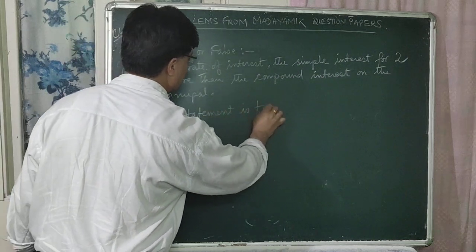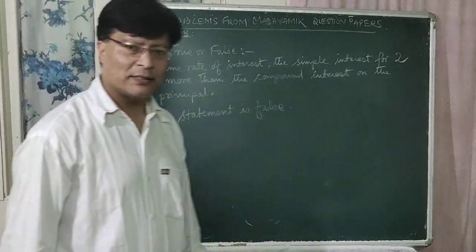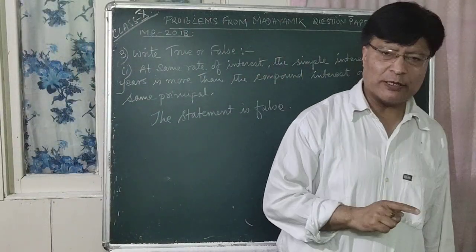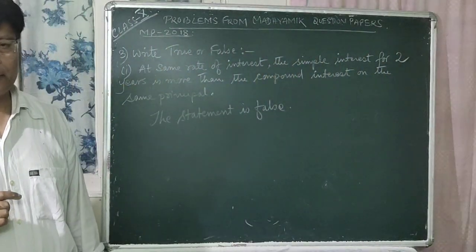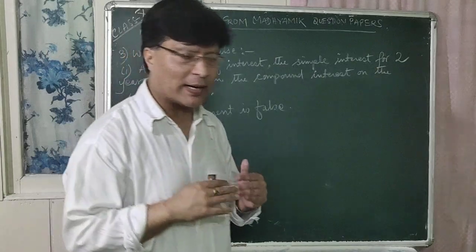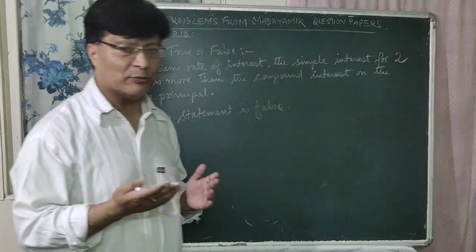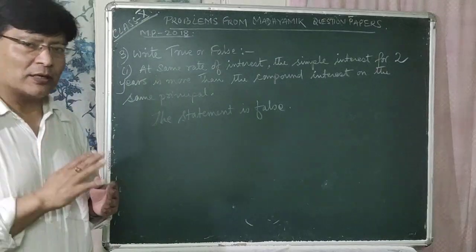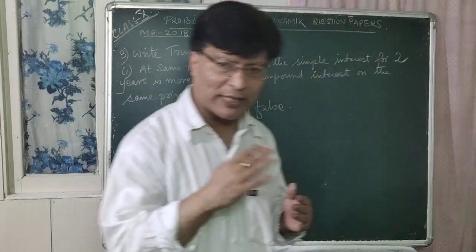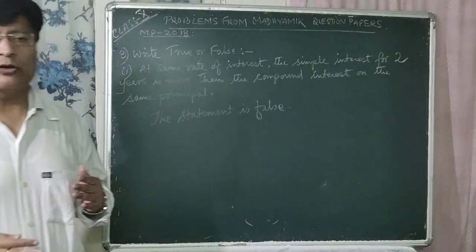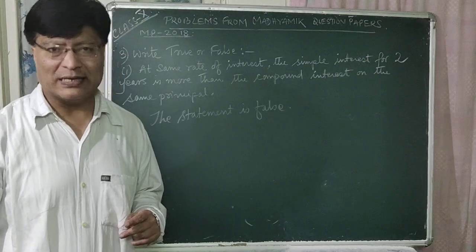So here you should write the statement is false. But you have to keep in mind that compound interest and simple interest for the first year will always be same. पहिलो वर्षको लागि चाहिँ compound interest र simple interest चाहिँ के हुन्छ रे? सेम हुन्छ भनेर याद गर्ने तिमीले. तर after 2 years, that means after 2 years or more, the compound interest will always be greater than the simple interest.